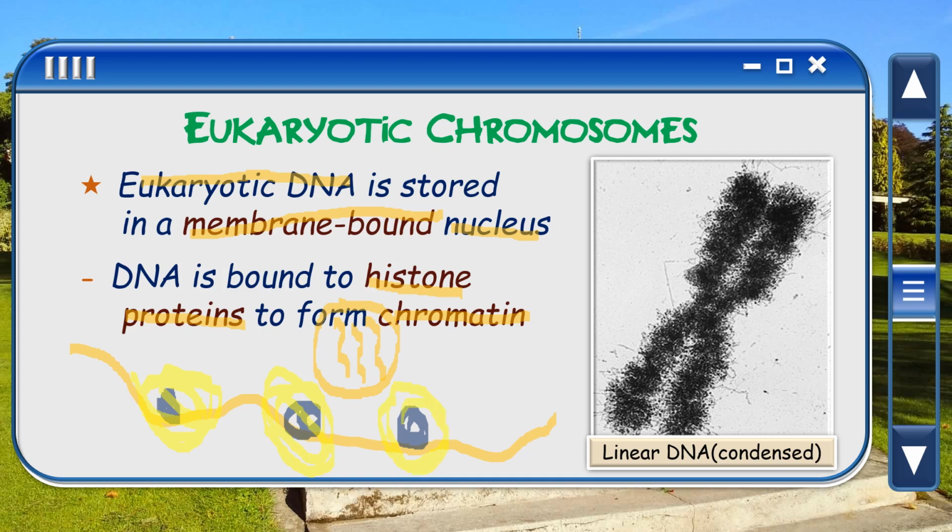This one becomes shorter, and when it becomes shorter, now it forms what we call the chromatin. They have become what we call the chromatin because the DNA is bound on the histone protein to form a chromatid. For example, here we are seeing a linear DNA condensed.